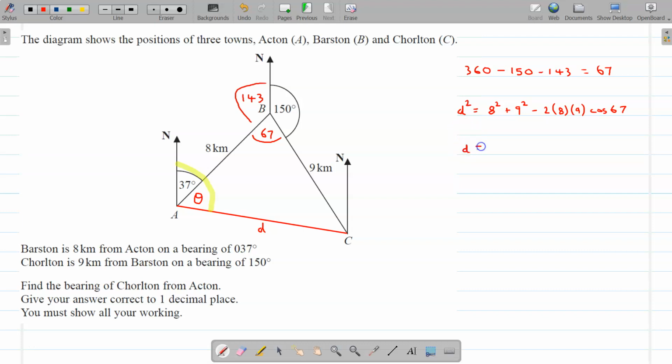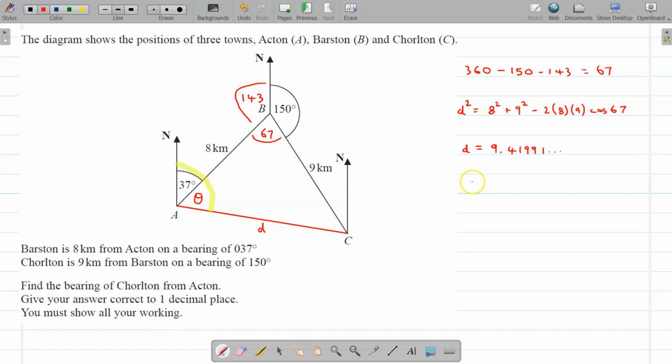So I'm going to square root that once I've worked that out on the calculator, and it comes to 9.41991. So you can get that quite accurately. You could work with 9.42 easily within this question, because your final answer's got to be given to one decimal place.